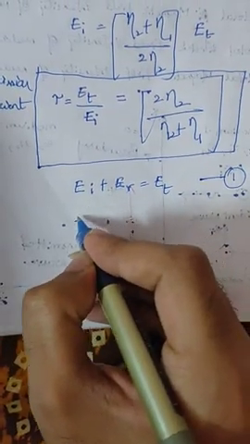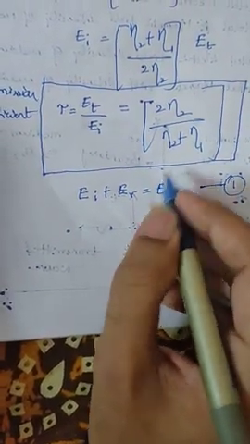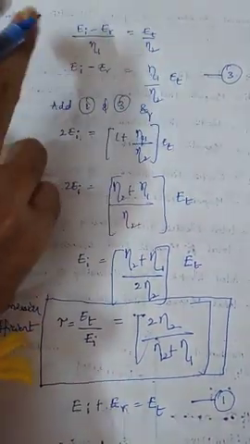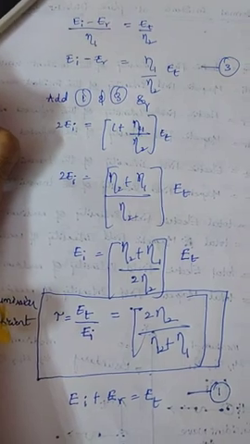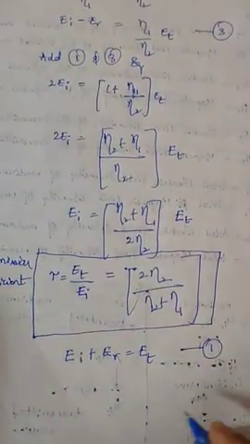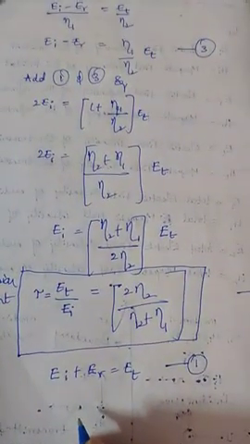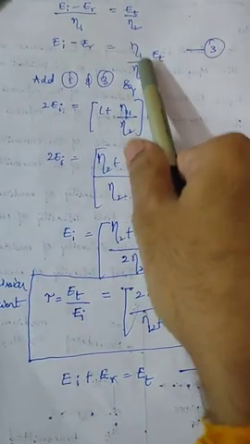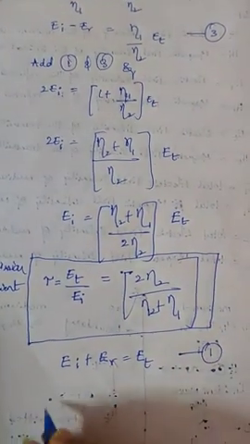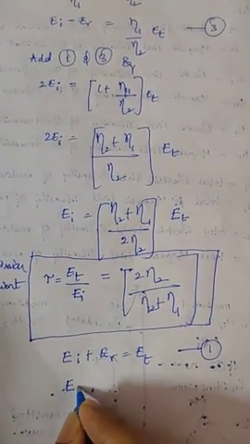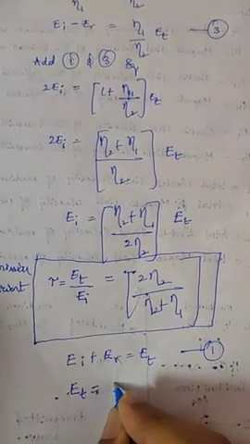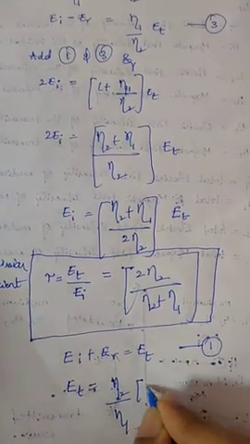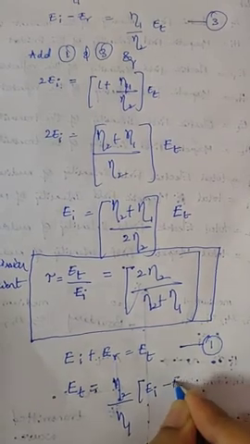By taking ET, we can write ET in terms of EI minus ER using the third equation. So ET is equal to eta 2 by eta 1 multiplied by (EI minus ER).